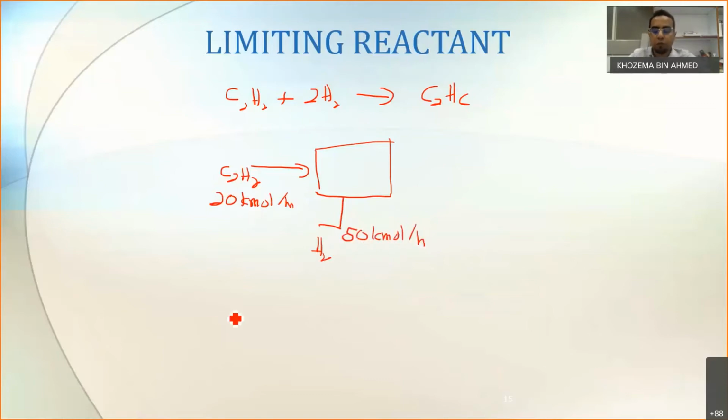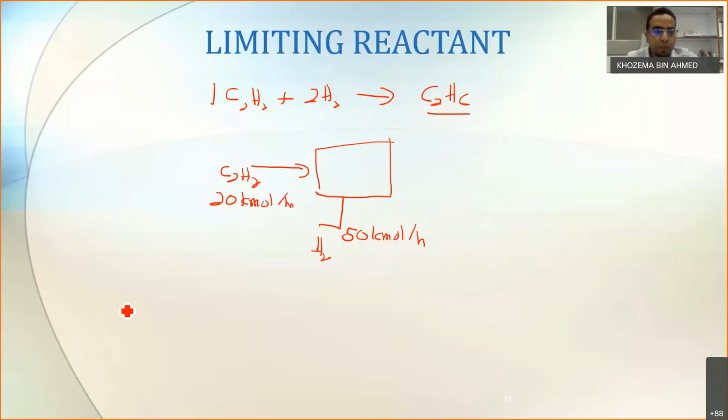Now we want to decide which one is the limiting reactant and which one is the excess reactant, that is, which of these two will control how much C2H6 we produce. This is a balanced reaction, so 1 mole of C2H2 will react with 2 moles of hydrogen and produce 1 mole of C2H6.